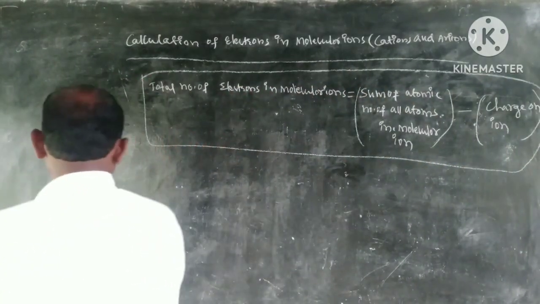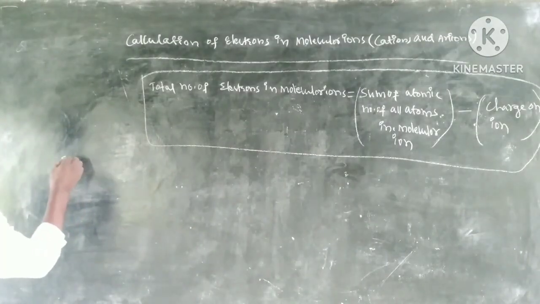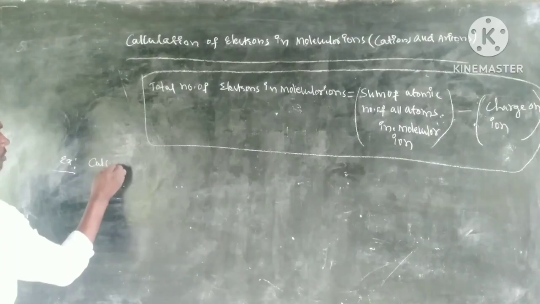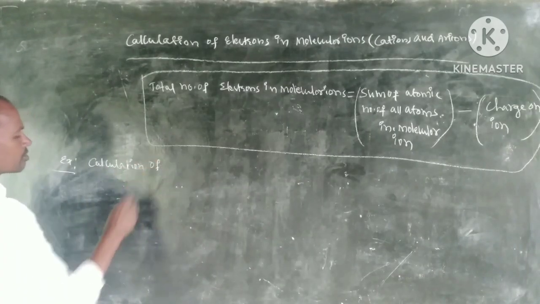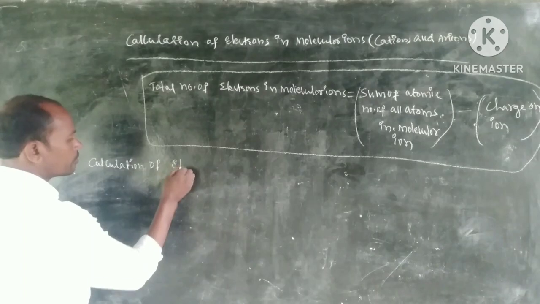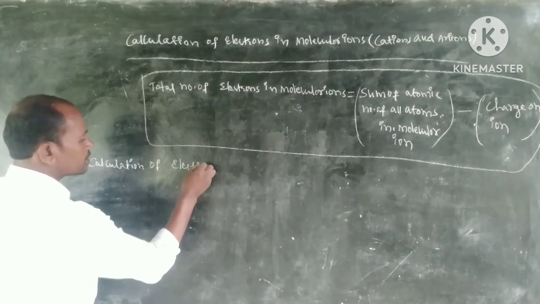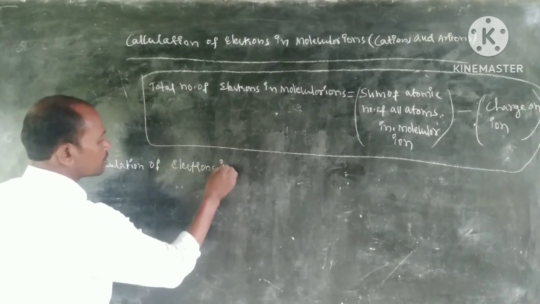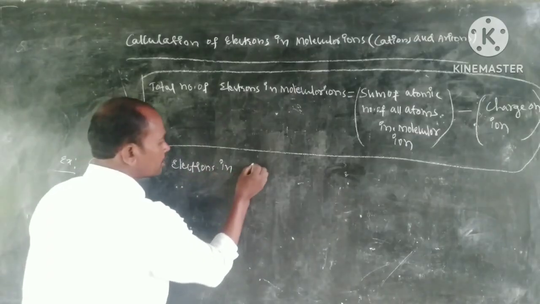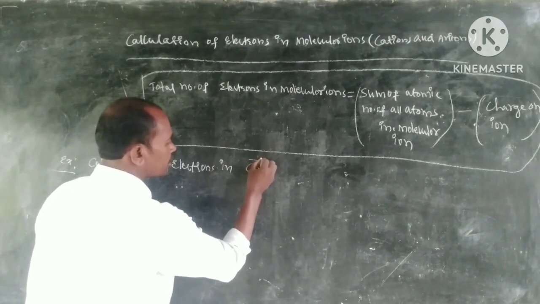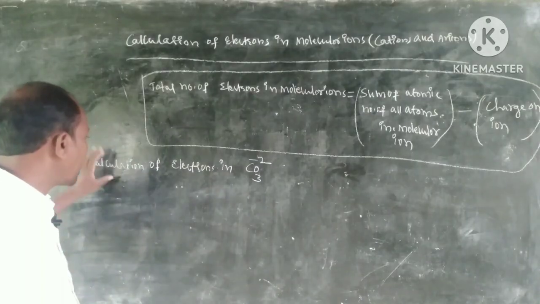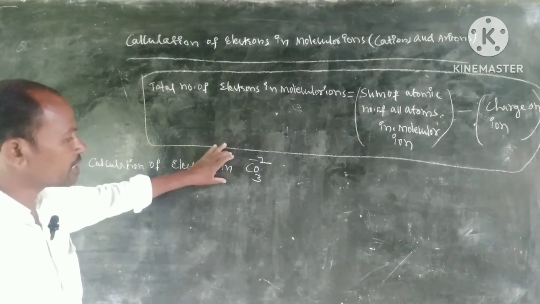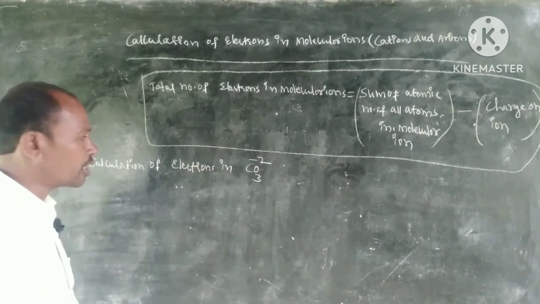For example, calculation of electrons in CO3 minus 2. This is a molecular ion. The question is the calculation of electrons present in the CO3 minus 2 ion.